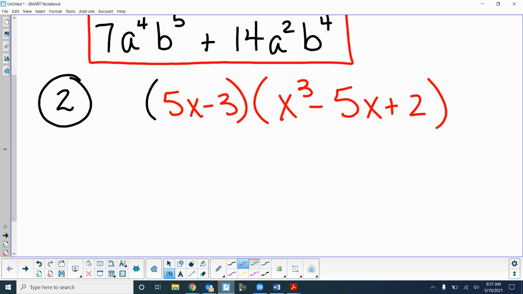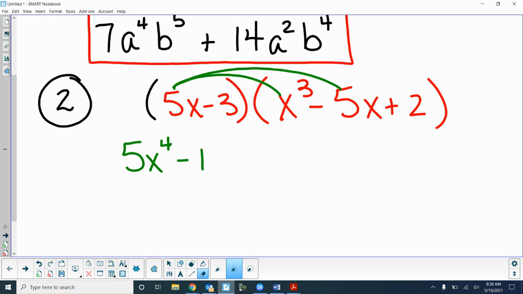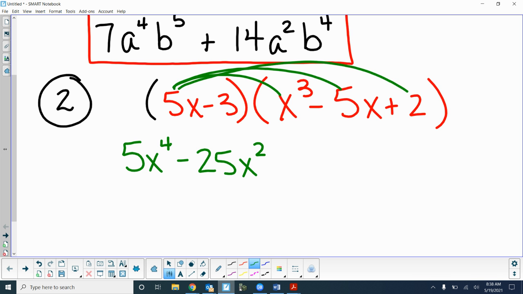Okay, so I'm going to take the 5x times x cubed, which is 5x to the 4th, and 5x times negative 5x is negative, not 10, 25, right? x squared, and 5x times 2 is 10x.